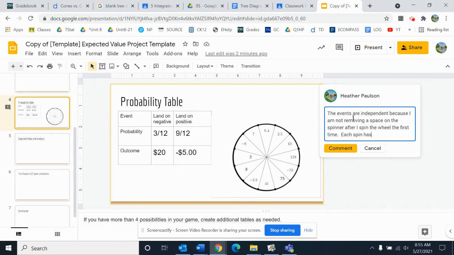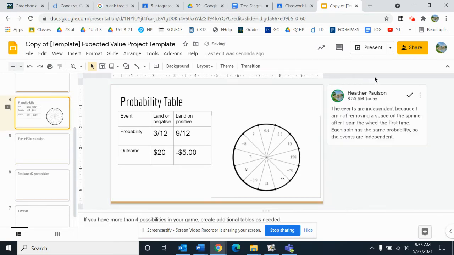Each spin has the same probability. So the events are independent. So it's important to explain how your events are not going to change the probabilities.